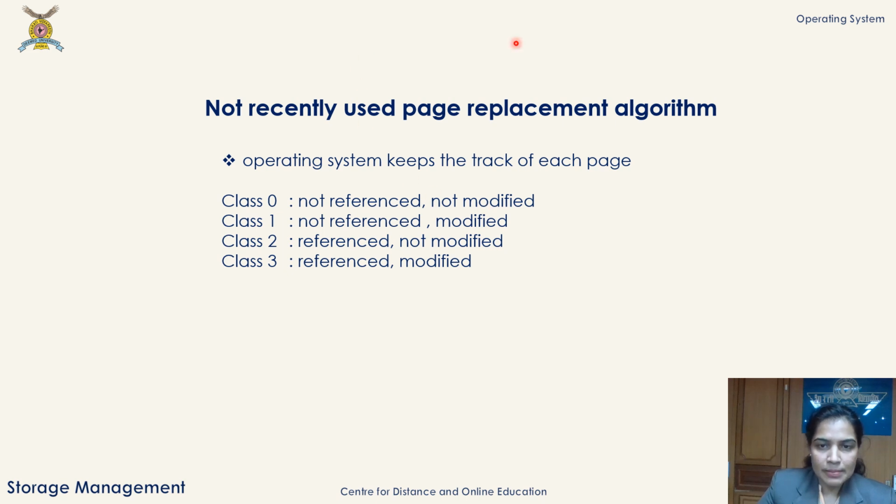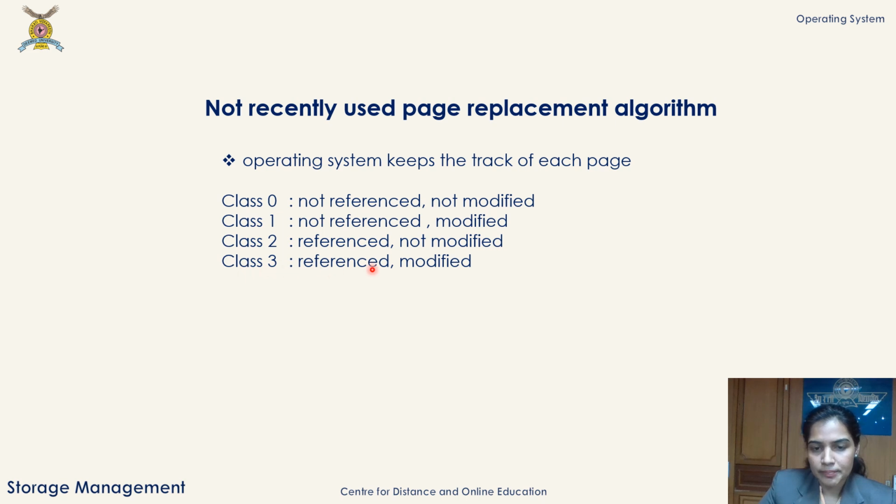Now on each page fault, the operating system checks the M and R bits of all the pages, and the pages are divided into these 4 categories. Class 0 is the page not referenced, not modified. Class 1 is not referenced but modified. Class 2 is referenced but not modified.